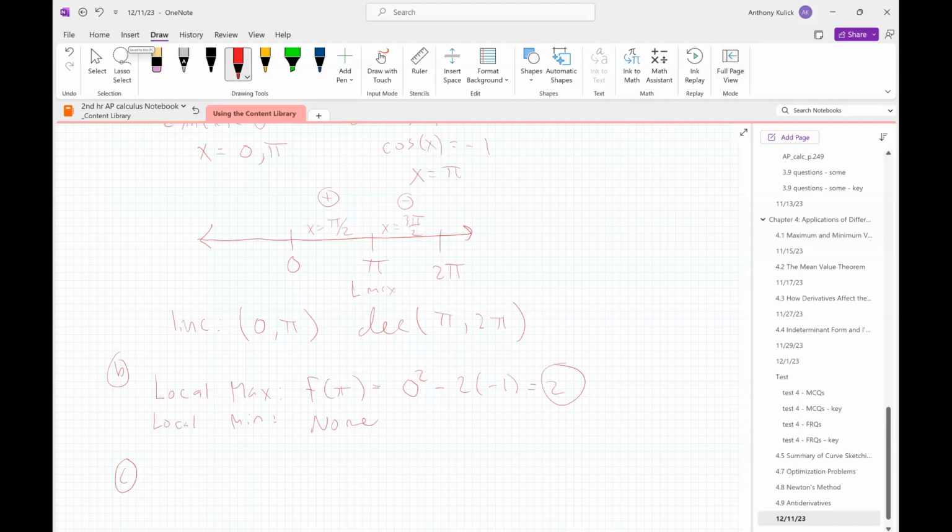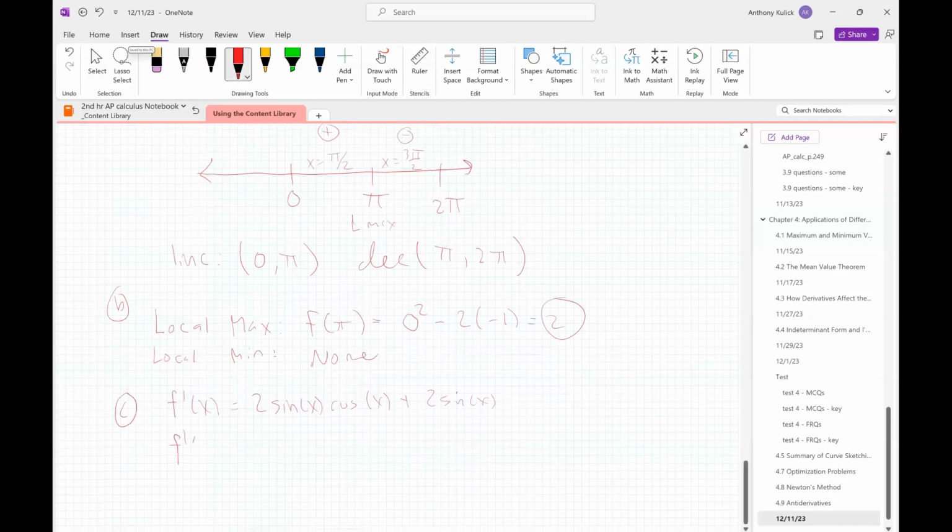Part C asks for the intervals of concavity and the inflection points. This one was quite challenging because the derivative got pretty nasty. So remember that our first derivative was 2 sine x cosine x plus 2 sine x.